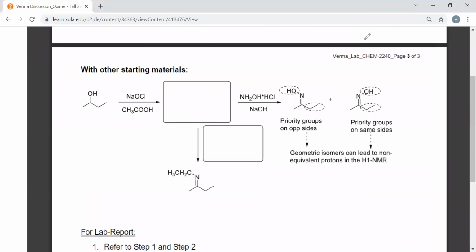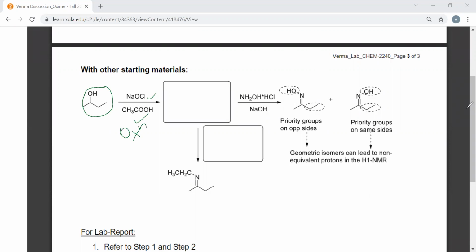Just like I gave you an example in the oxidation experiment, we can ask any kind of alcohol to be the starting material. We can ask different types of questions based on that particular step. So for example, this is your starting alcohol. What are these conditions for?